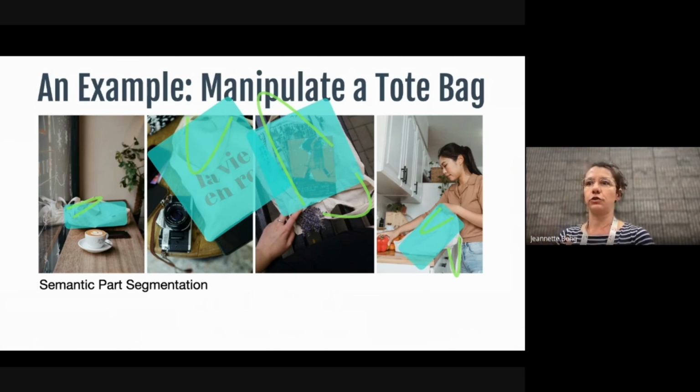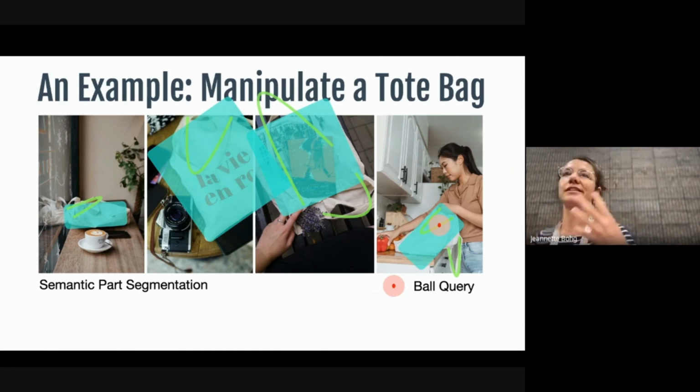And so if you just do a simple ball query, like with these prior methods, you suddenly have in this neighborhood also points of the handle and of the body as well. And so it makes it just harder to use this local geometry to really do the semantic part segmentation as well.